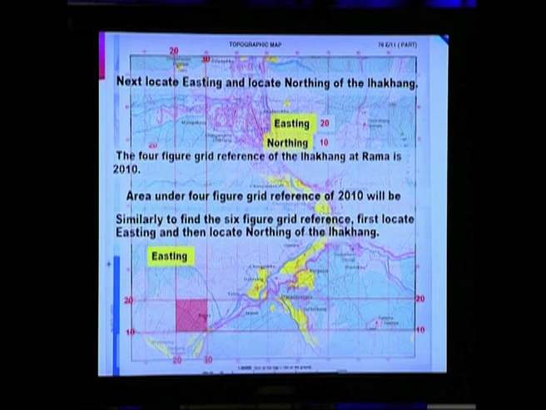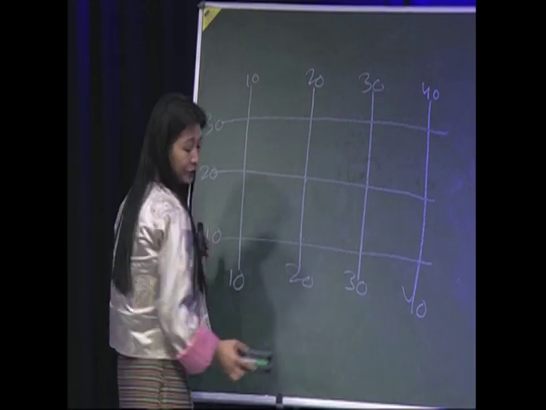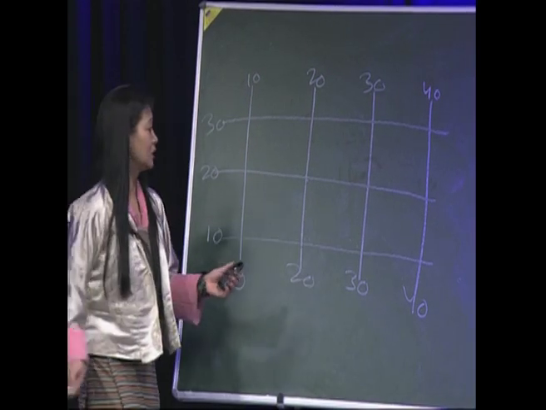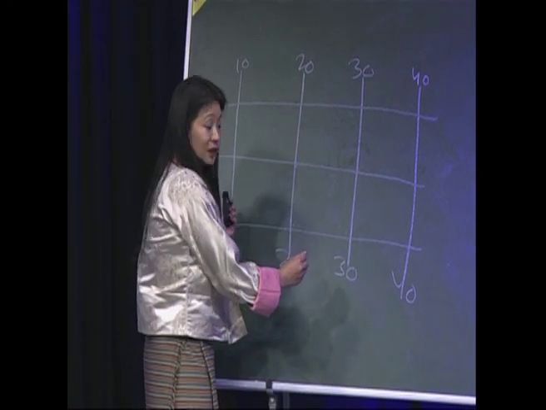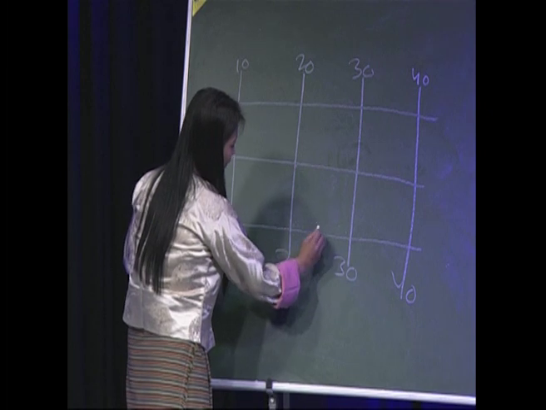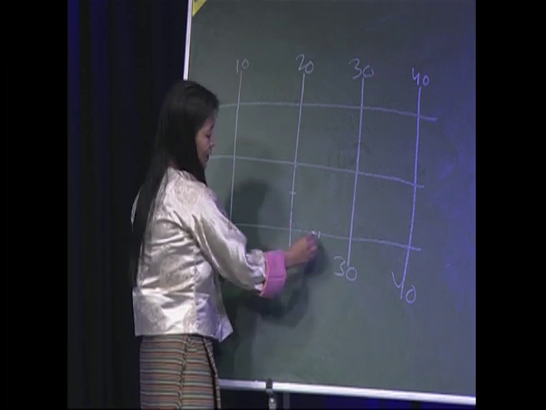Now let's look at finding the six-figure grid. We have looked at finding the four-figure grid. Now to find the six-figure grid, all you have to do is divide the grid into 10 equal parts. It will be easier if you divide it in half. So this is 20, this is 30.